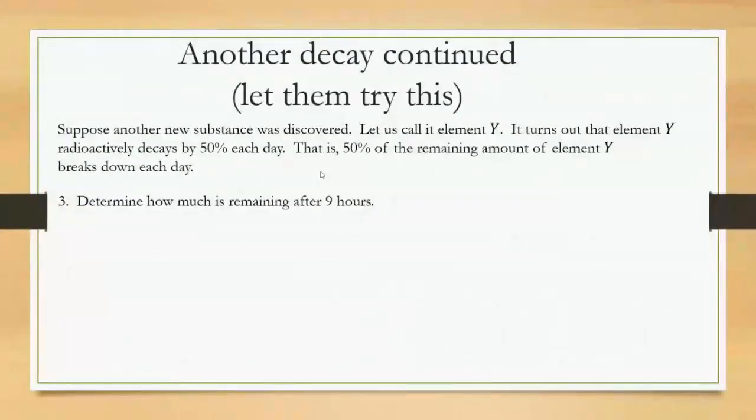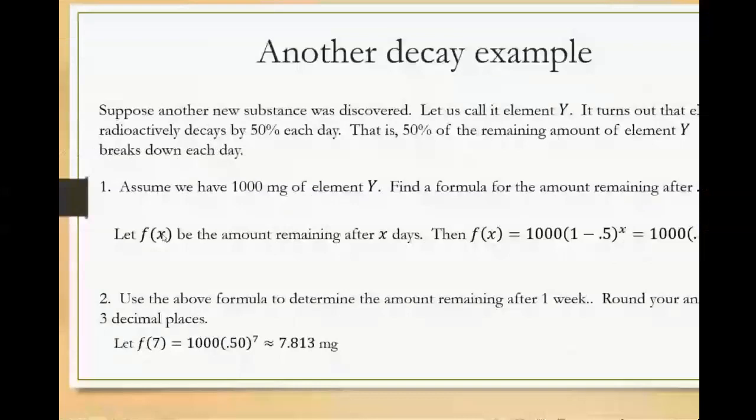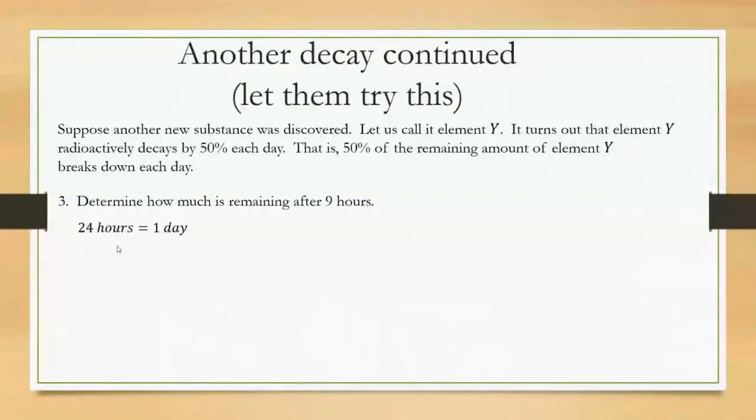We want to know how much is left 9 hours later. But again, this is a little bit tricky, right? Because if you go back, our function's input x is not in hours, it's in days, right? So what do we do? Well, we know there are 24 hours in a day, so we can do a conversion.